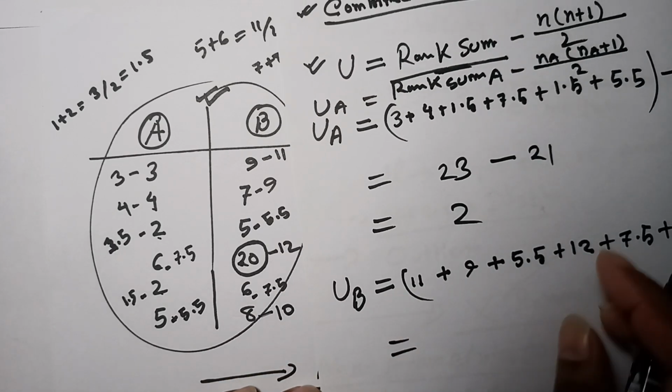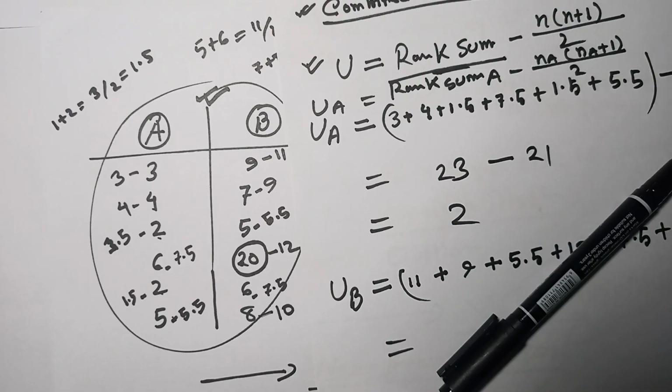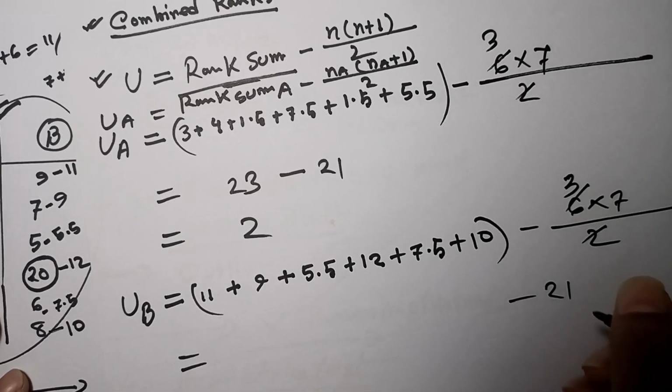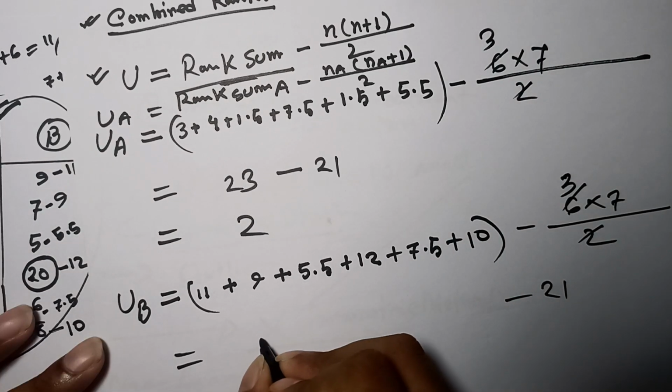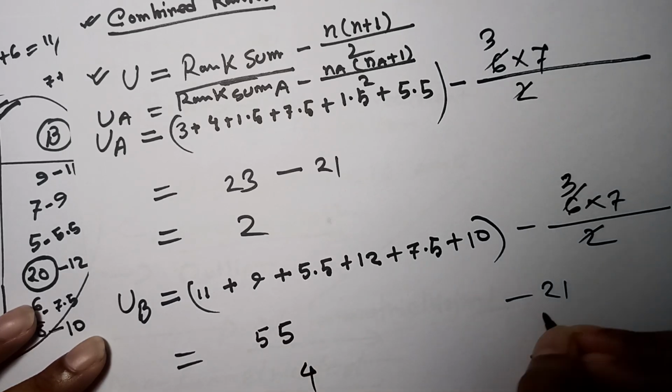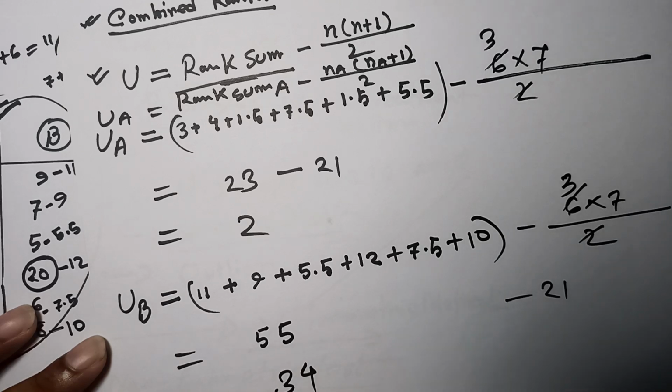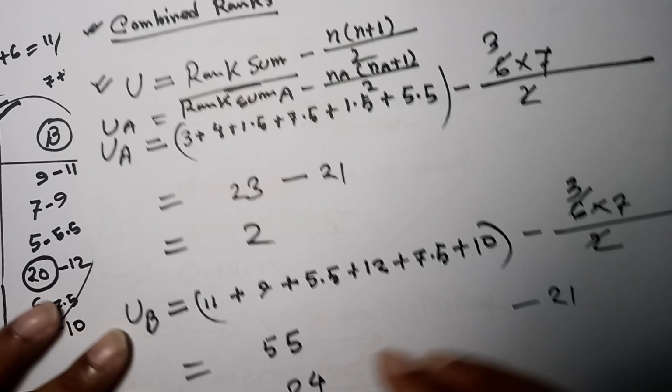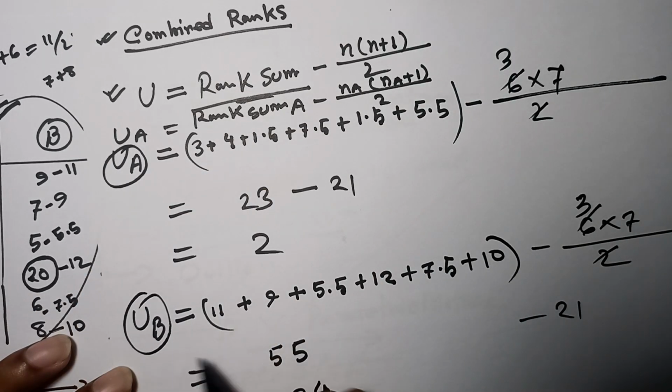If you add this, you will find 55. Then we will remain with 34. So we get UA and UB as 2 and 34.